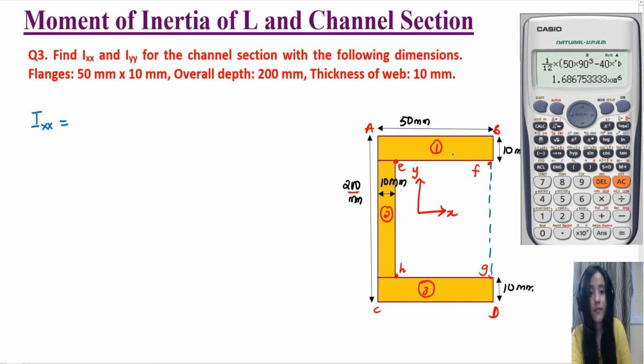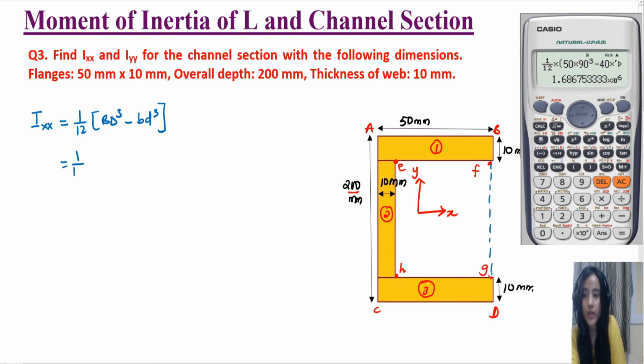So here, since I have made this C section into a hollow rectangular section, all I need to do is find the moment of inertia about its external rectangle, which is 1 by 12. The formula is 1 by 12 BD cube minus small bd cube. This is my formula, right?